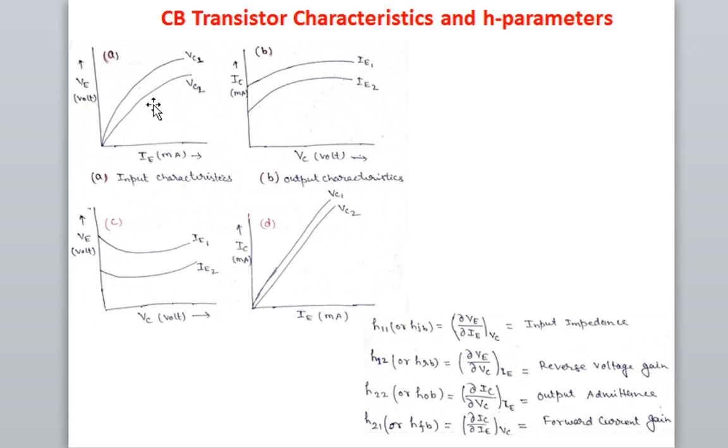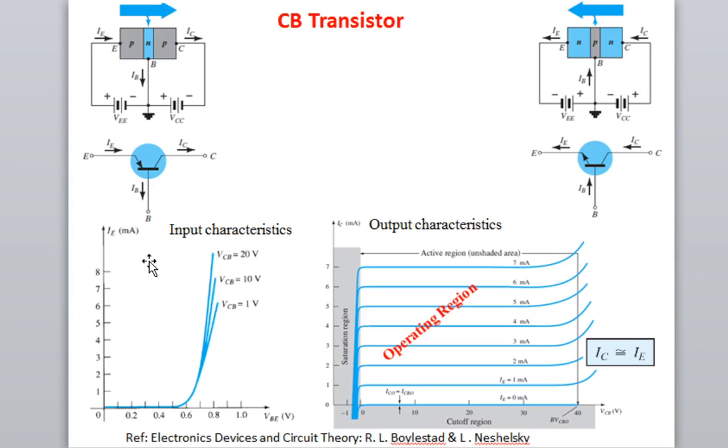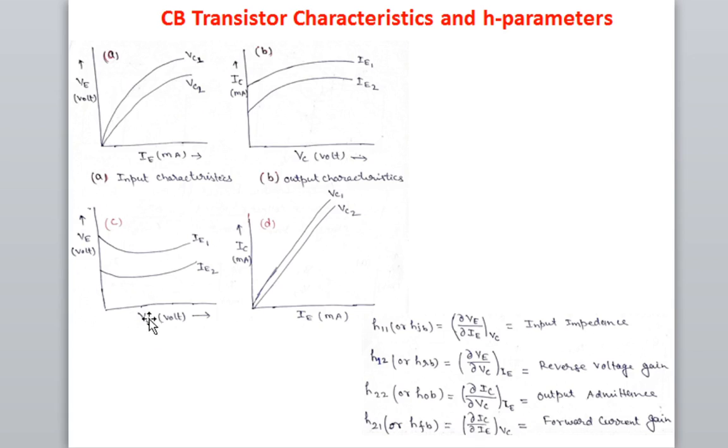This is the input characteristics, and this is the output characteristics, collector current and collector voltage. Then you can plot a curve between this voltage and this voltage, which is known as the transfer characteristics.